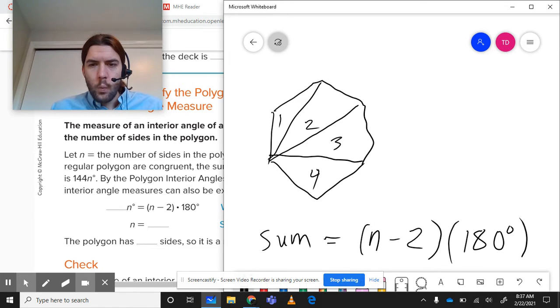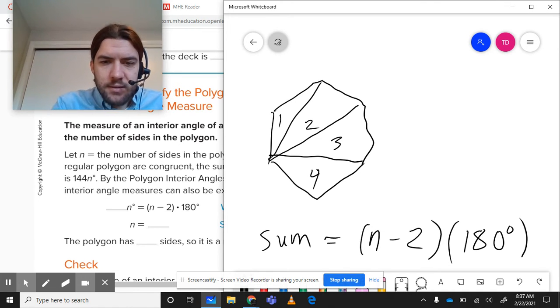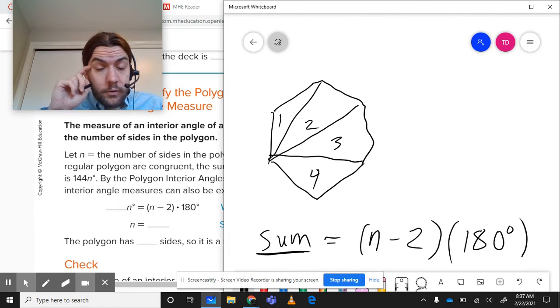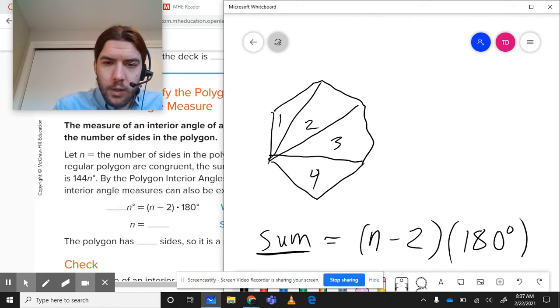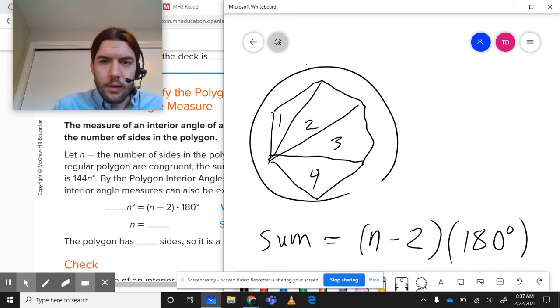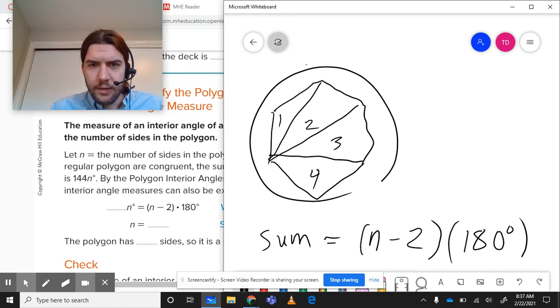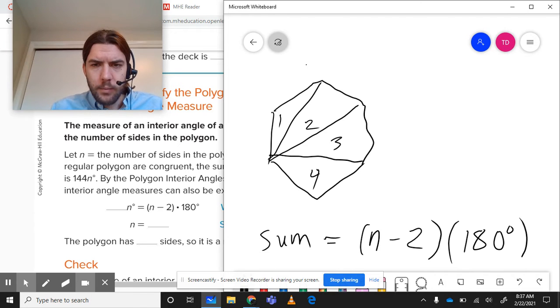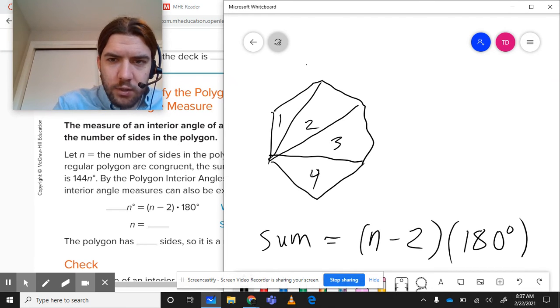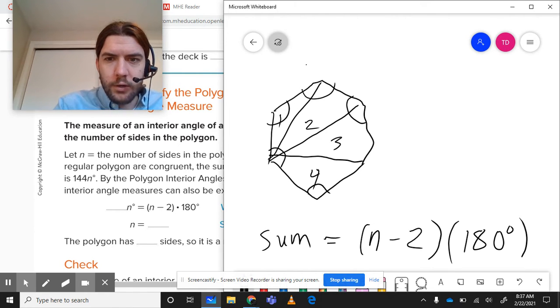Well, that sum is going to be some amount of angle. So in this case, when we have a hexagon like this one, I believe what we found was each of the 6 interior angles is 120 degrees.